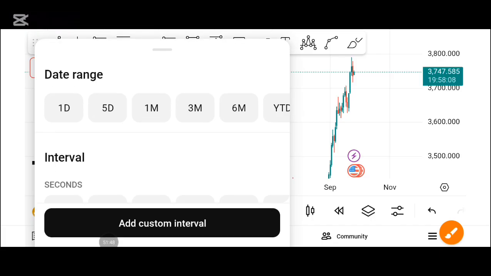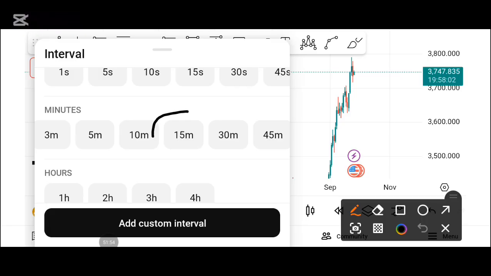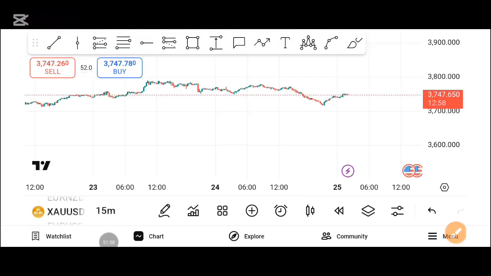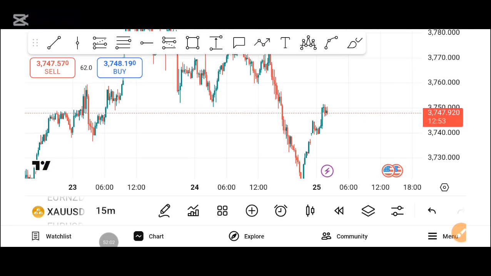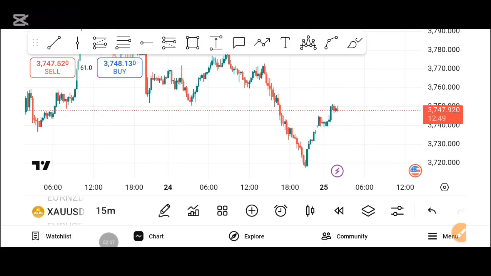Tap on it and it will show you other time frames. Understand? Scroll and you see 15 minutes. Analyze from the 15 minutes time frame and map out the possible inducement that you can see.